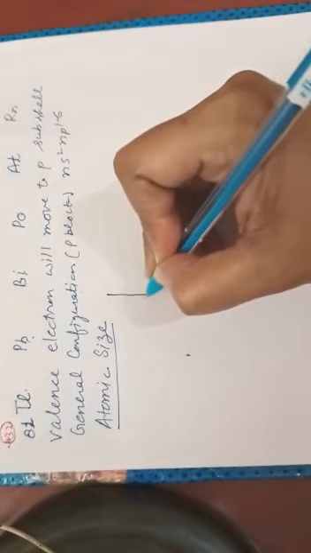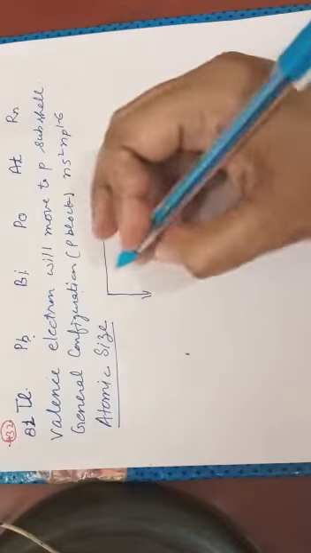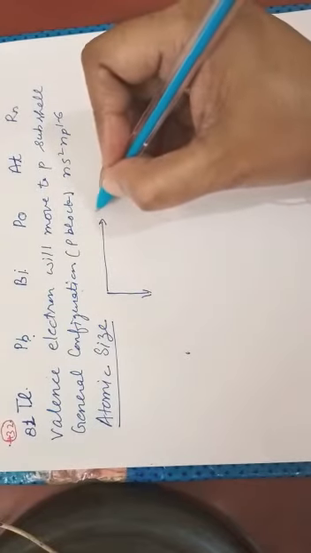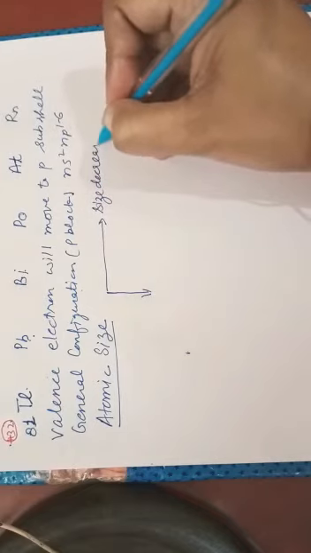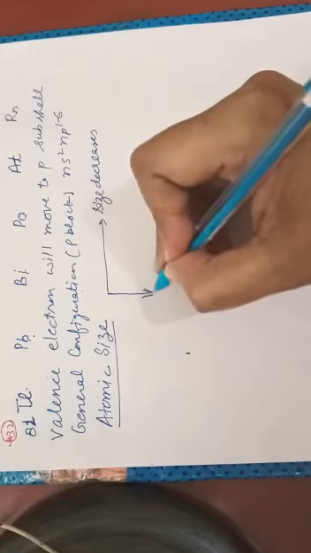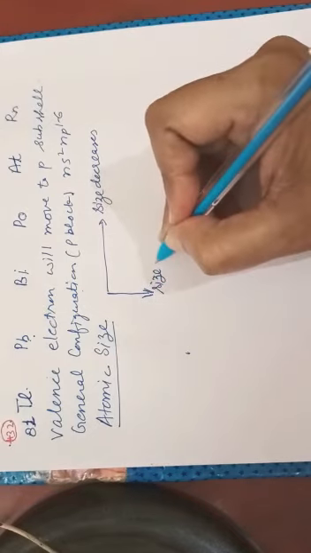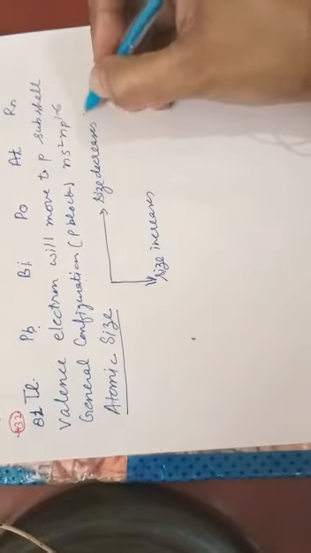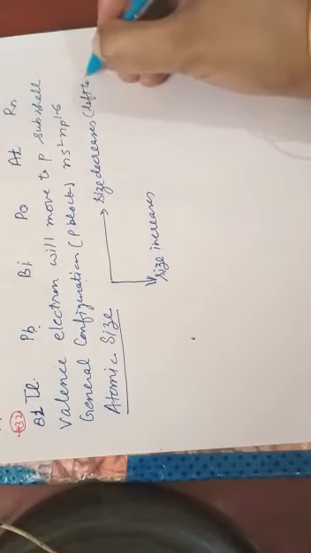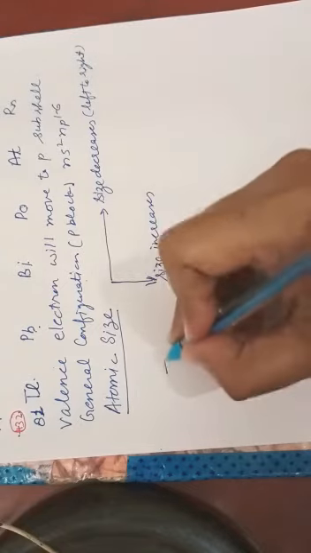We know that in a periodic table, when we are moving from left to right, size decreases. When we are moving top to bottom, size increases.